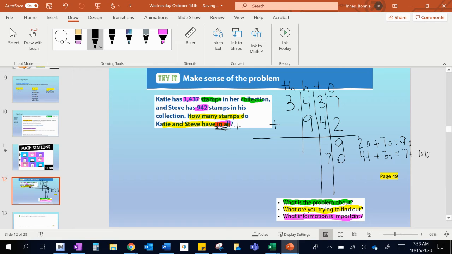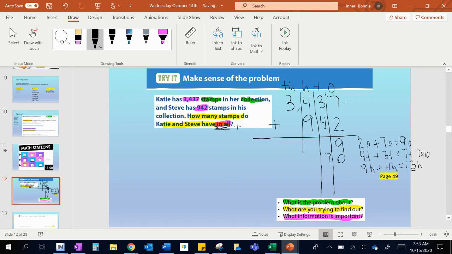I'm going to go over to my hundreds. 9 hundreds plus 4 hundreds, that equals 13. 9, 10, 11, 12, 13. 13 hundreds. Now I have a problem. I can't write the number 13 because I can't have more than 9 in a place value.